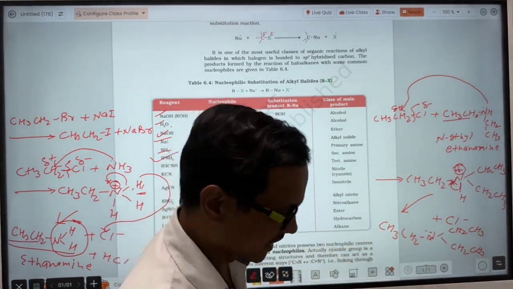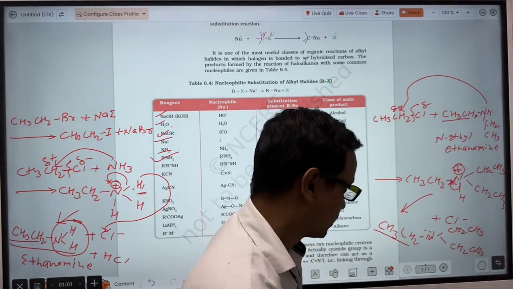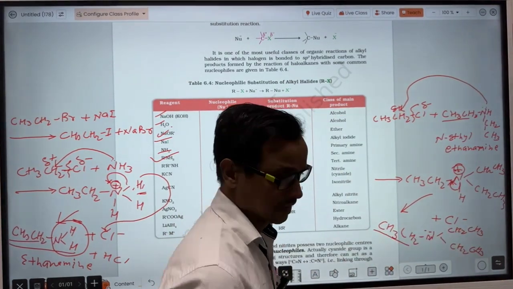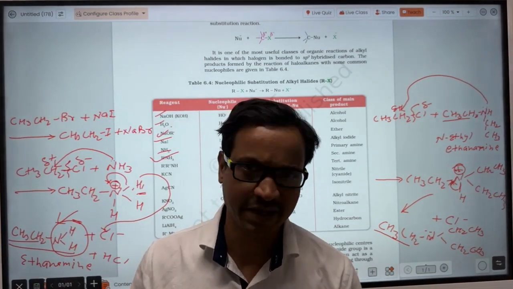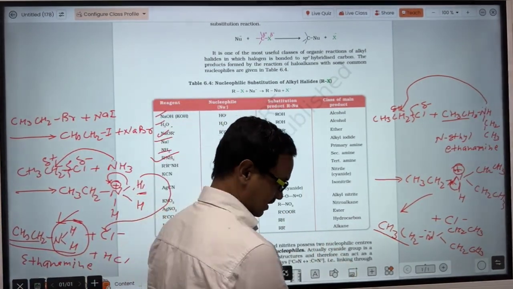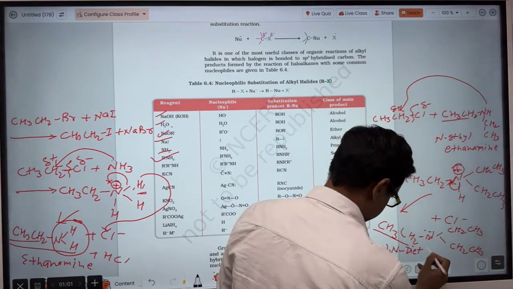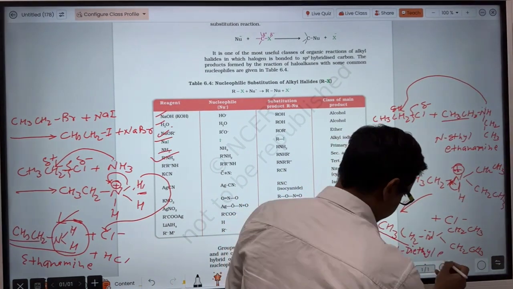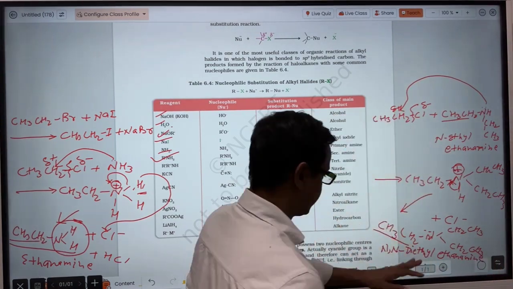What is the IUPAC name? Of one we will consider the longest carbon chain, and the other two will be substituents. These substituents are bonded to the nitrogen, so we'll write N,N-diethylethanamine.